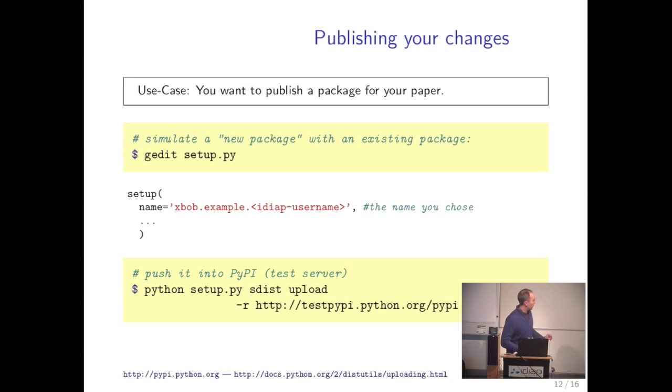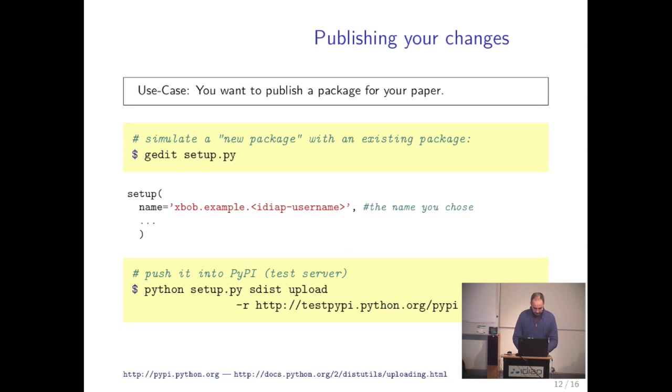So PyPI, as people have already mentioned here before me, is basically just a huge server for packages, okay? You can deposit on the server any packages you produce yourself, or you can also use packages from the server. So for example, the xbob.db.wine package was downloaded from that server.